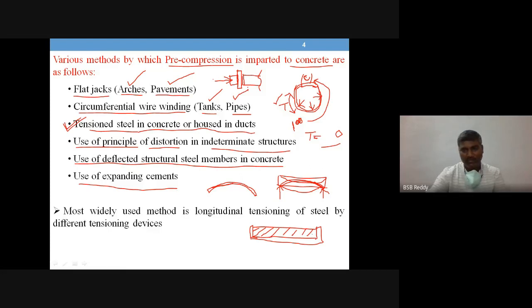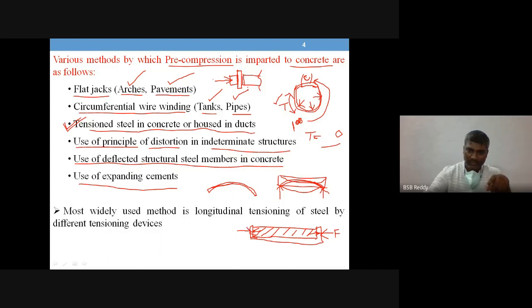Upon setting, the length of the member will try to expand, so that will try to push the mold outward, and the mold will try to oppose that action, that will induce compressive force from the mold onto the concrete.